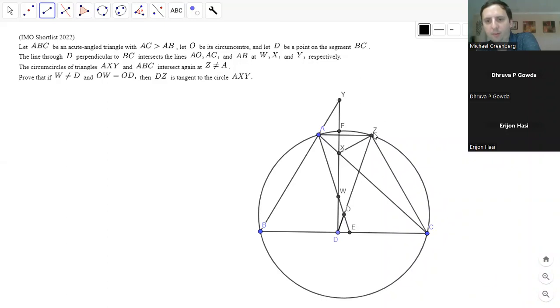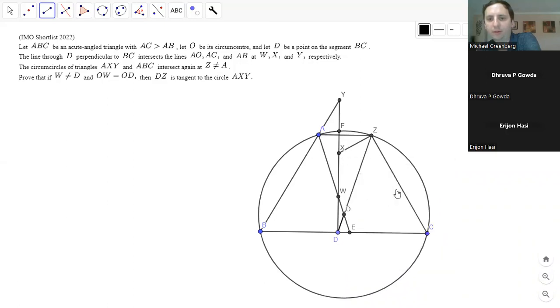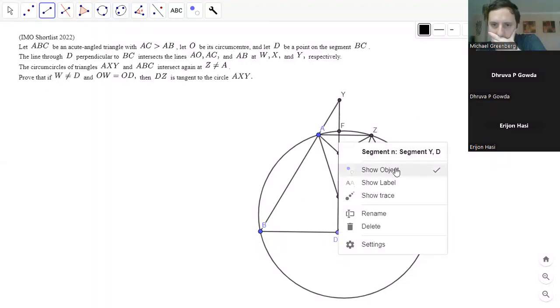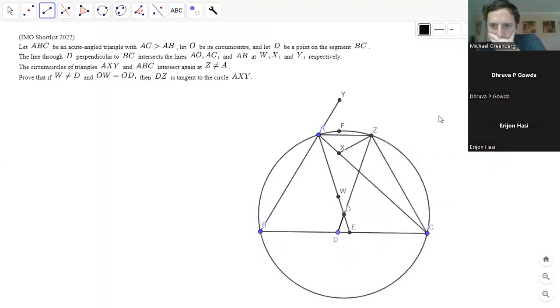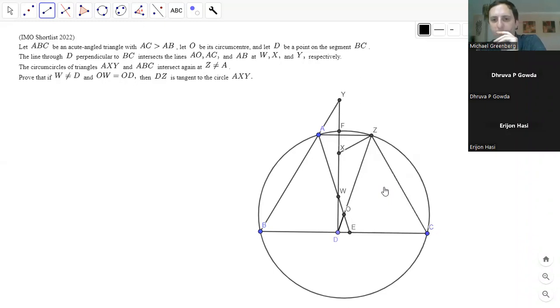And then we could drop a perpendicular. But then we don't know that it lies on AC, I guess. It would be a little tricky. So we could first define X. I'm thinking the best way to do it. We could define X like this and then show it lies on AC.